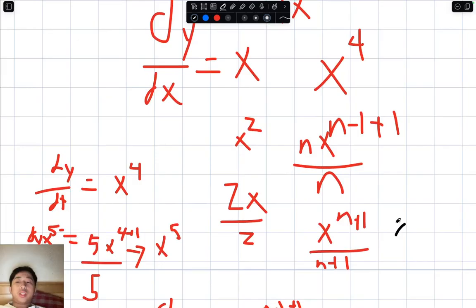Compare and contrast with x to the n minus 1, n times x. Notice how these two are literally opposites. This one is dividing and adding 1 to the power. This one is multiplying and has the minus 1 on the end.